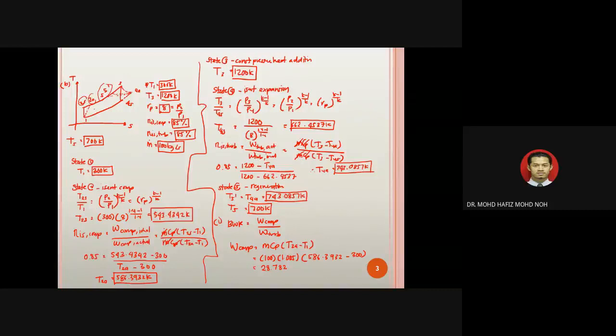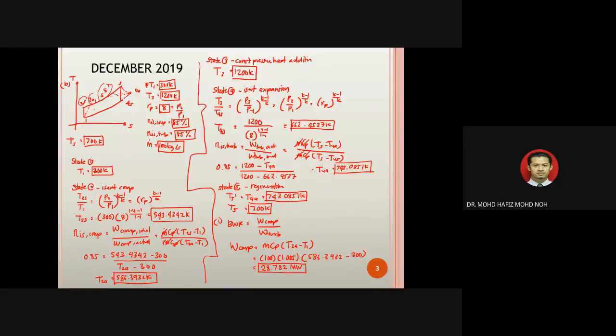It's not kilowatt, it's already kilo, so that means it's megawatt. So you get the value of W compressor as 28.782 megawatt, because you get 28,782 kilowatt.